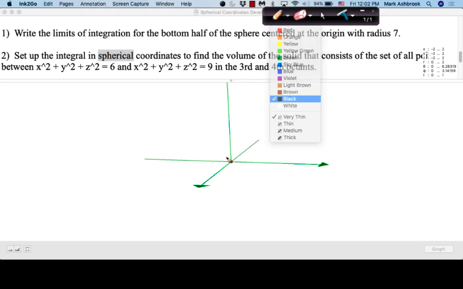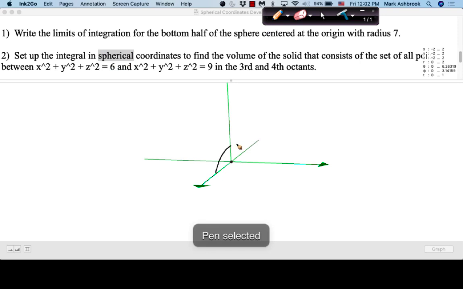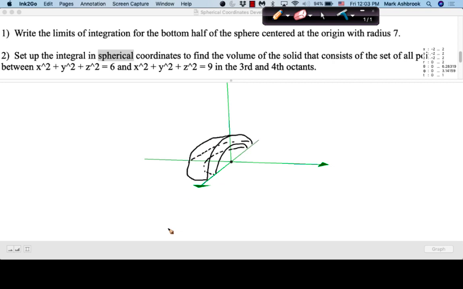What does this look like? Like this. Something like that.